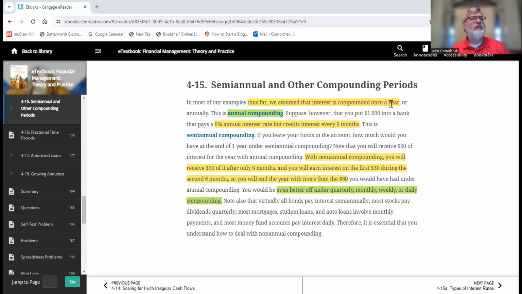So up till now, we've been using the yearly period as the compounding. The only problem is, what happens if you put $1,000 in the bank, and instead of them compounding your interest annually, they compound your interest semi-annually? They do it twice a year. Is that to your advantage?